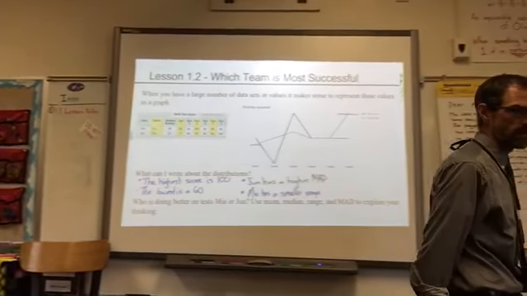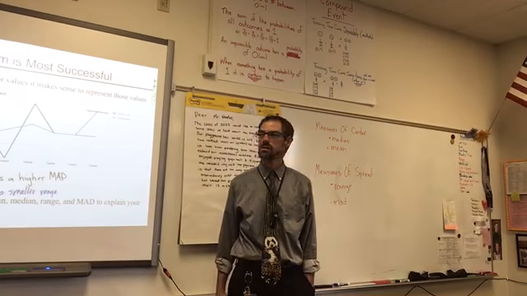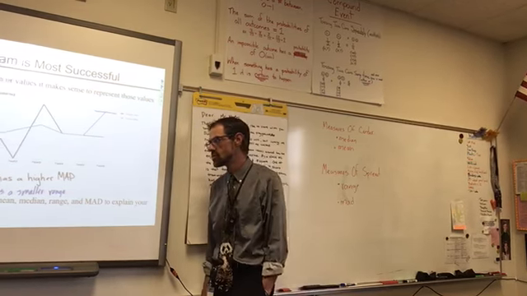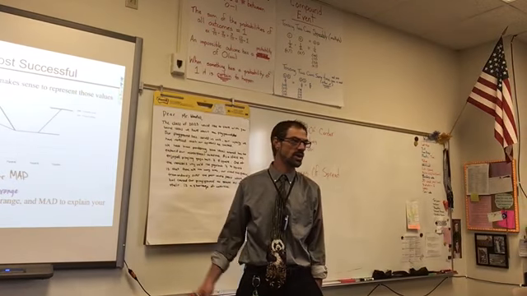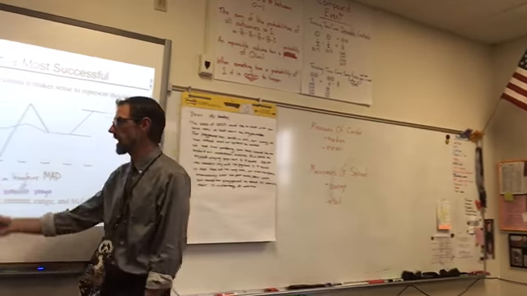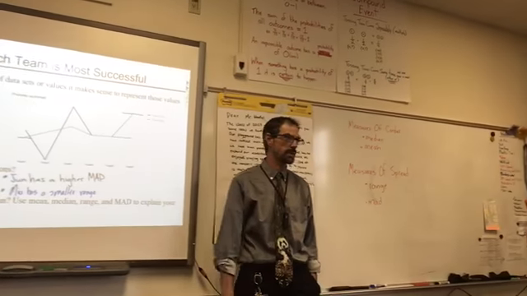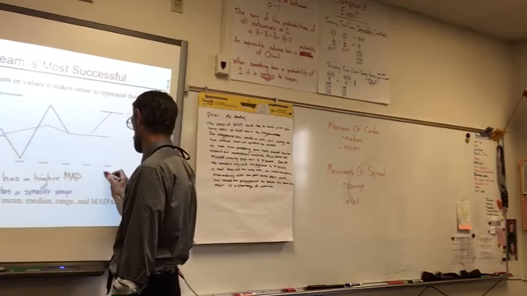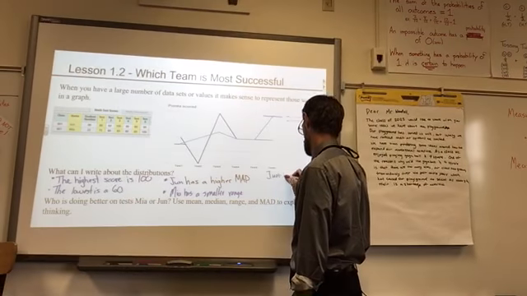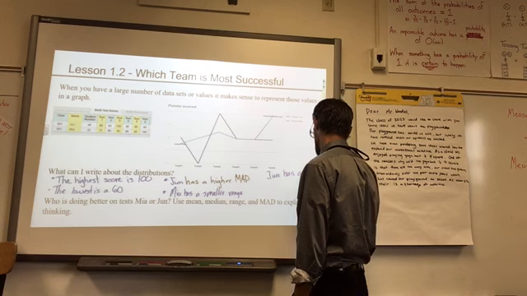Someone else give me a couple more. Which one's Mia? The light blue. Okay, so she goes up in the end. Someone else tell me something else I can say about these distributions written up here. Jessica? John's range is 40.